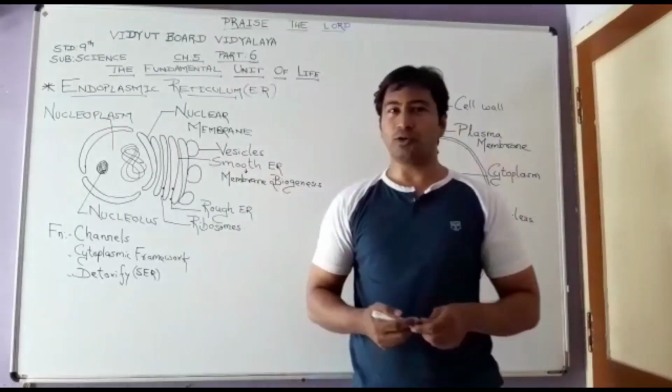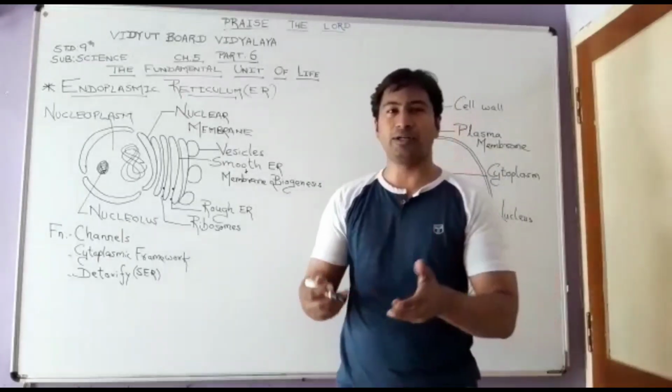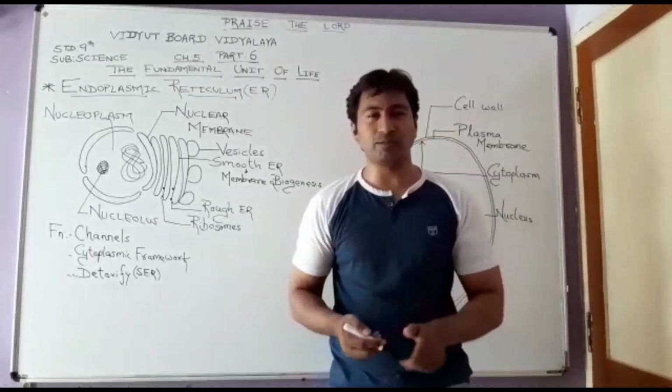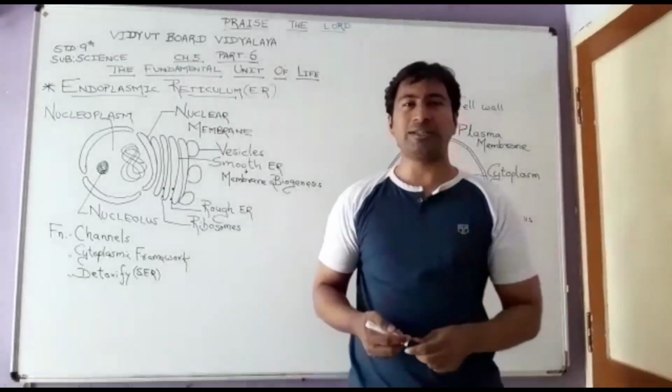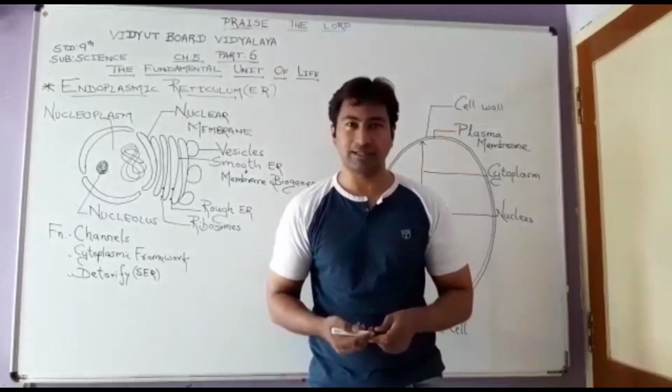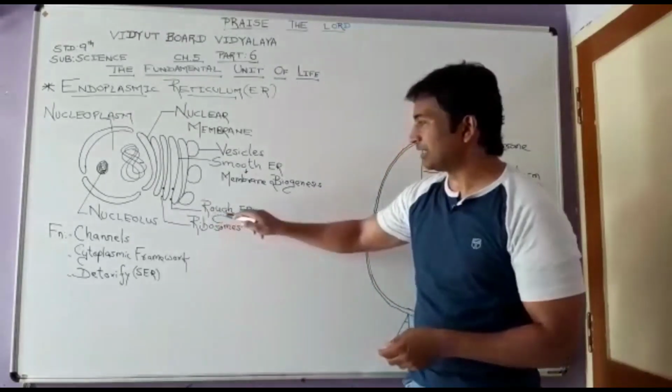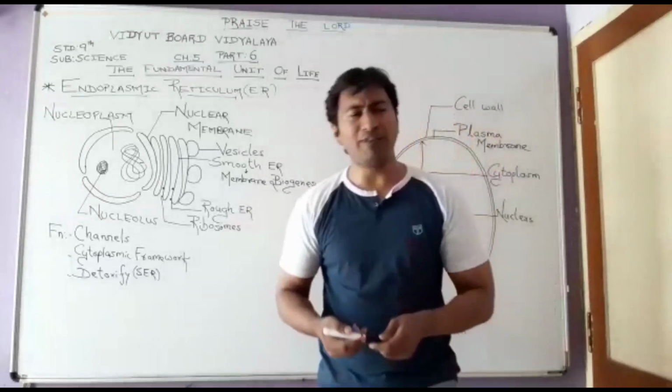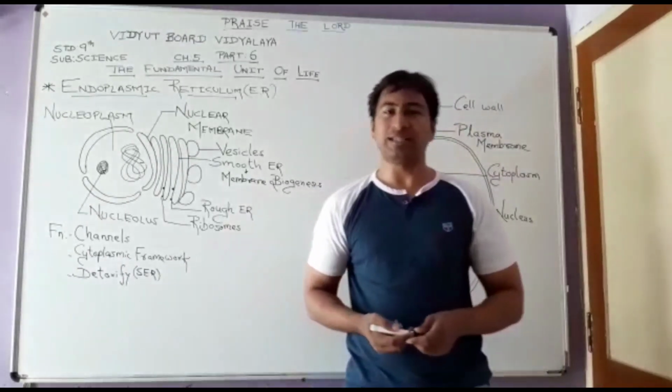Whenever we come across the word ribosomes as the organelles, there are a lot of functions, but the one major function is protein synthesis. So here rough endoplasmic reticulum does one very major function, protein synthesis.